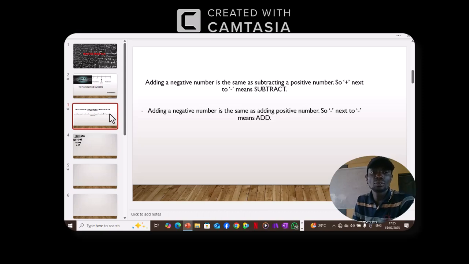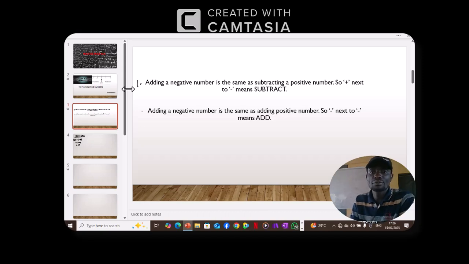The first one says adding a negative number is the same as subtracting a positive number. So plus next to minus means subtract.